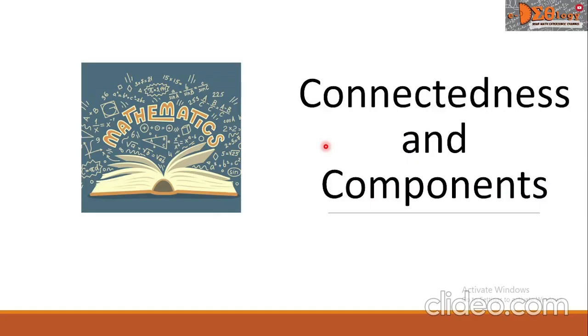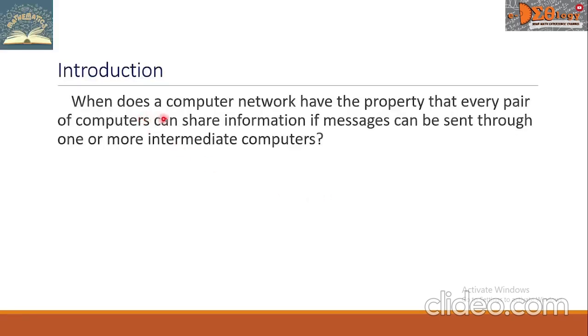Hi everyone. Today we're going to study connectedness and components. When does a computer network have the property that every pair of computers can share information if messages can be sent through one or more intermediate computers?